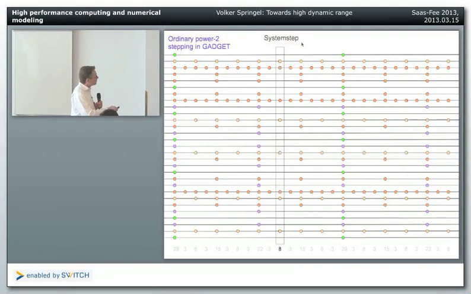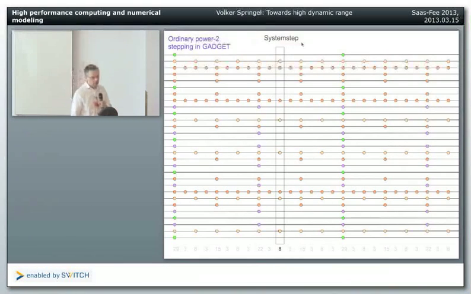But some of these particles have short time steps, like these red ones, where you see many dots in this time sequence. Then there are others that have much longer time steps. As the system integrates, at any given system time, some of these particles will be synchronous and require a force calculation.